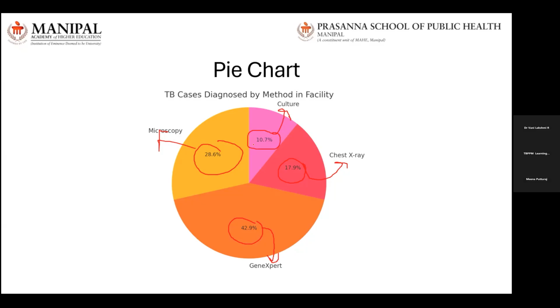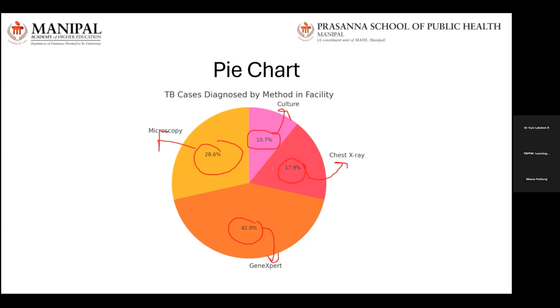Problem number 1: if you add it up, it comes to 100.1. Somewhere a rounding error has happened. And problem number 2: it is definitely not colorblind friendly. These 3 colors will look the same for someone who is colorblind. And never ever use bright colors.